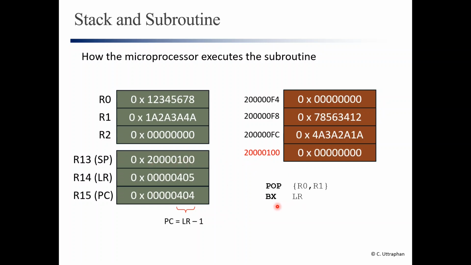When the microprocessor executes the instruction BX LR, meaning branch or return from the subroutine, the value in PC will be updated with the value of LR-1, which is the return address, or the address of the next instruction after the BL instruction. Let's see when we execute the instructions in Keil.